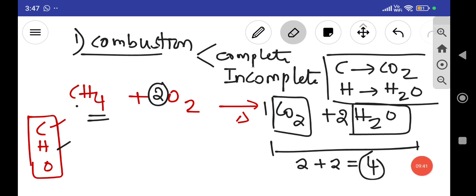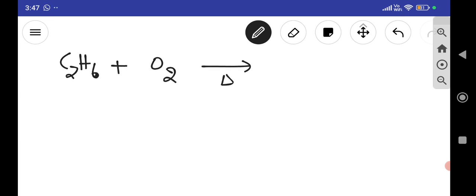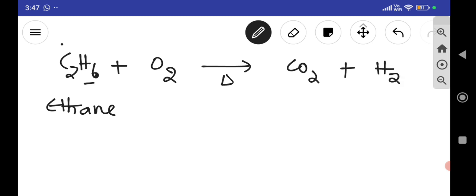Second, let us take ethane as an example, C2H6. Again, combustion means burning this compound in the presence of oxygen. On heating, carbon gets converted into CO2 and hydrogen will get converted into H2O. Hope you are able to follow this.